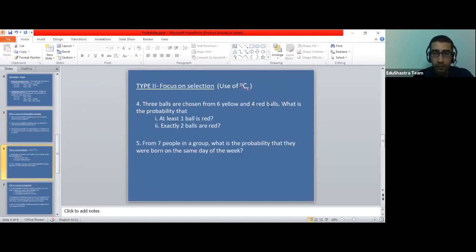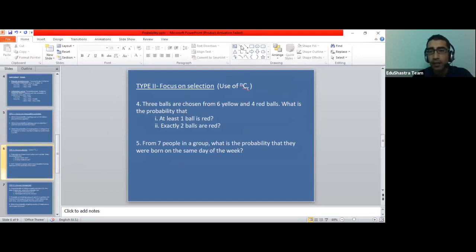Any problems here? 3 balls are chosen from 6 yellow and 4 red balls. What is the probability that at least 1 ball is red, and exactly 2 balls are red? Any problems with this question, guys? Okay, at least 1 ball is red.